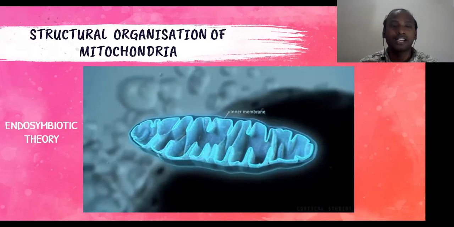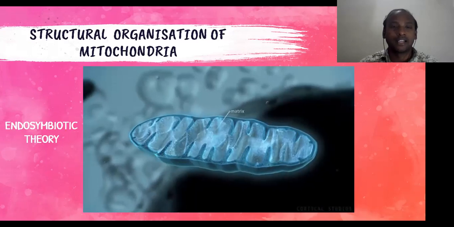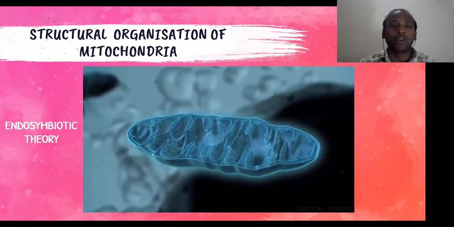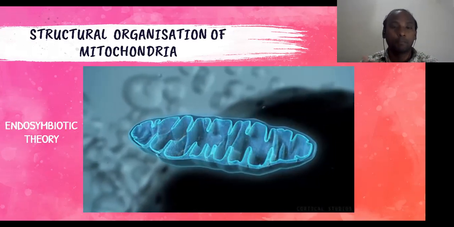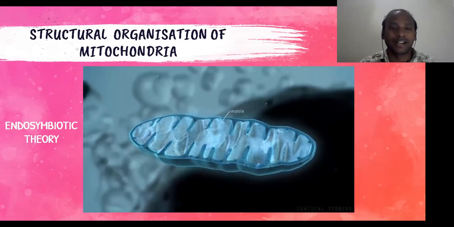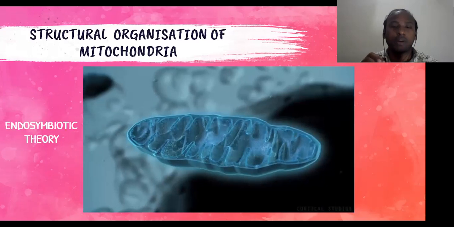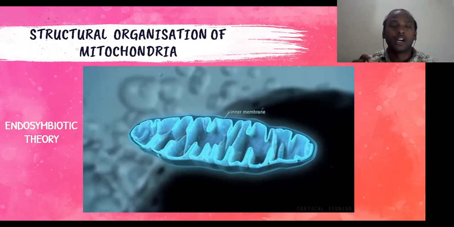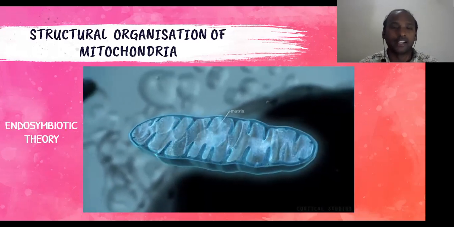This theory beautifully explains how the mitochondria symbiotically entered the eukaryotic cell and finally came to be present as a cell organelle. Here I'm not going to discuss the endosymbiotic theory much, but you should remember that the origin of the mitochondria in the eukaryotic cell is explained by the endosymbiotic theory.